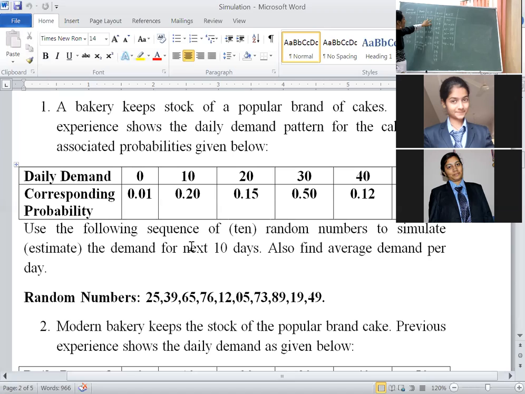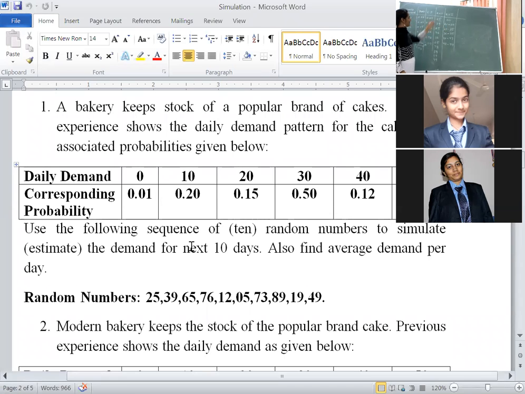That's why I'm explaining here. In cumulative probability, while writing the random number interval, you have to convert these decimal digits in terms of numbers. That's why for 0.01, the previous number will be 0. And whatever class interval you are not including, in the next class interval you have to include. That means here I have not included 1. That's why in the next class interval I have to include 1.